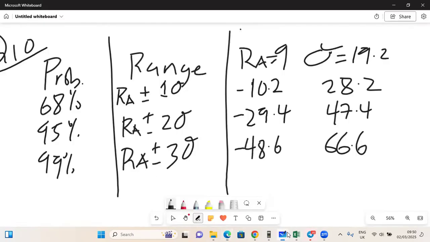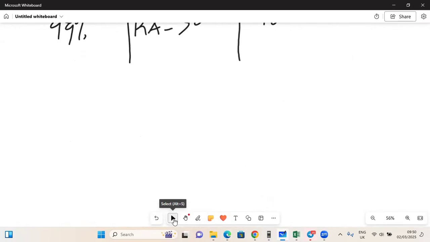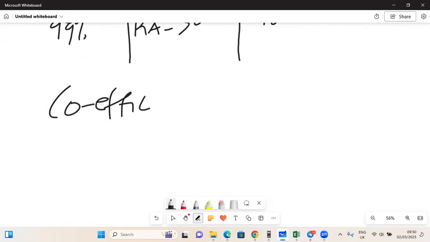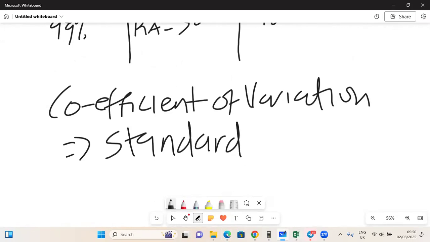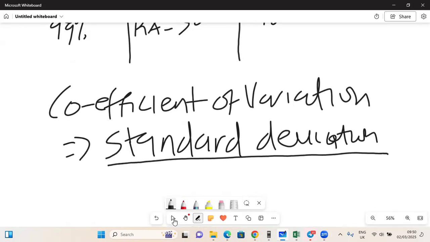The coefficient of variation is basically equal to standard deviation all over the arithmetic mean or expected return.